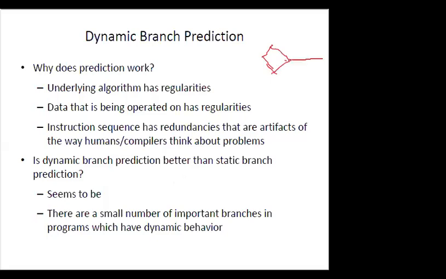So there is a branch. This is regarded as branch taken, and this is the branch not taken. If the prediction made is correct, then we go to this point.